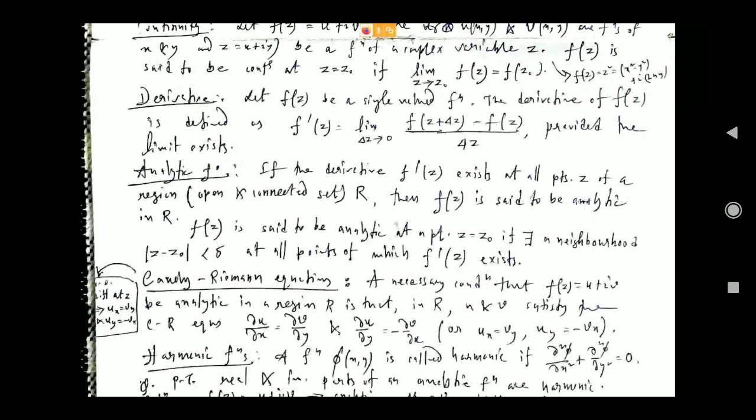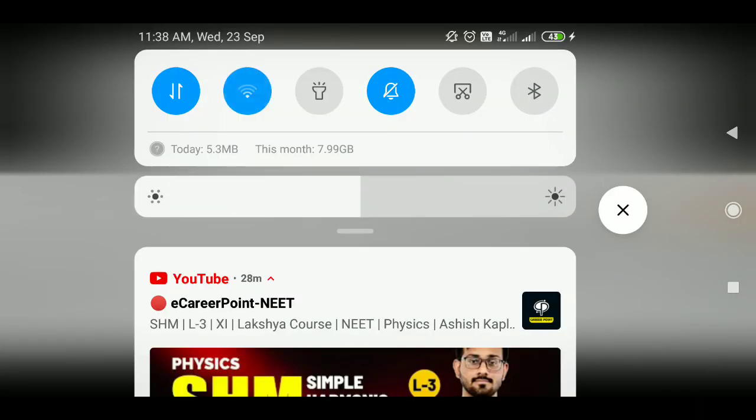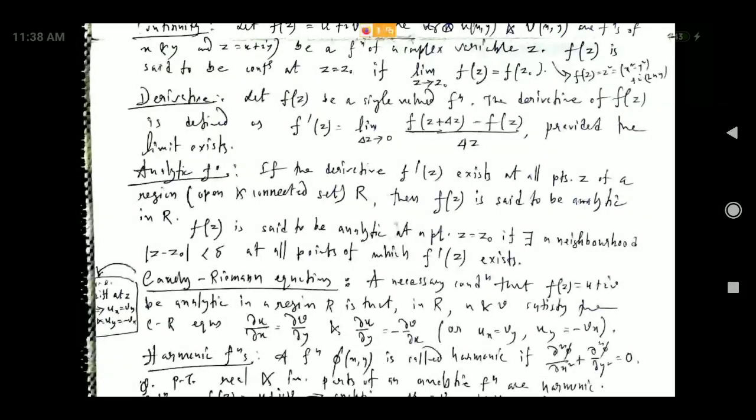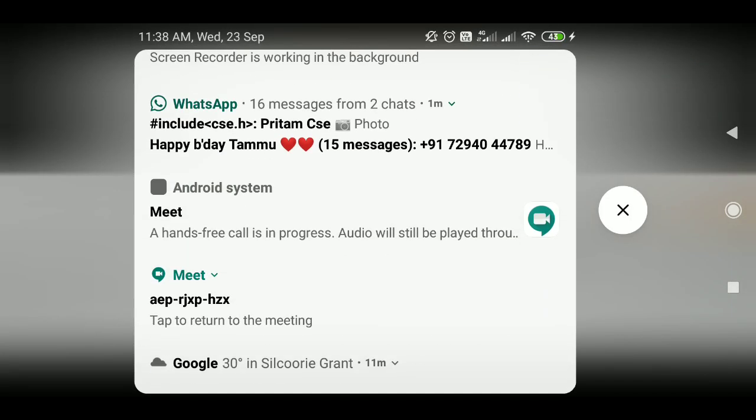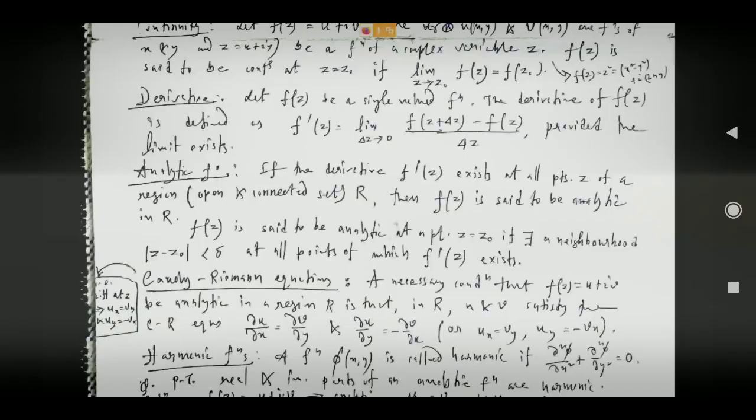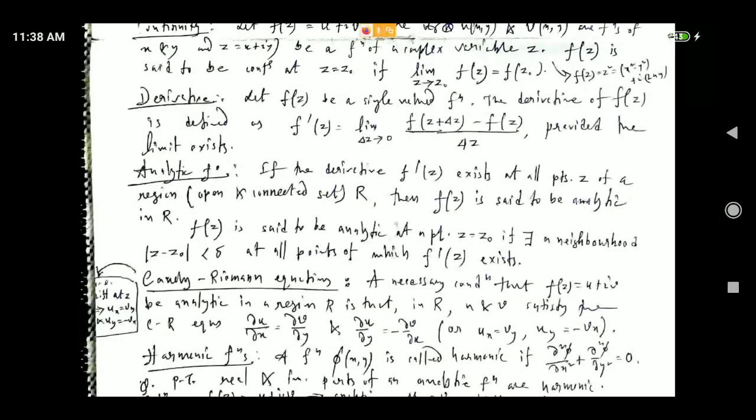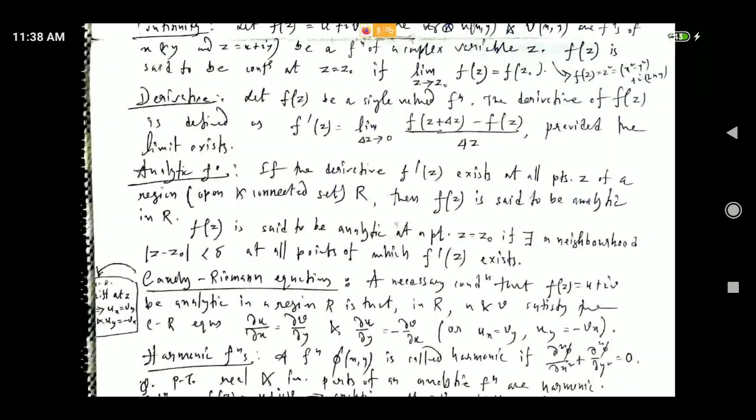So it is in two dimensions. We call it an Argand plane. So we can move to that point from infinitely many directions. h tends to 0 means there are many directions by which we can approach 0.